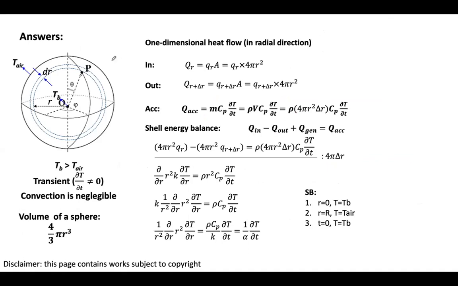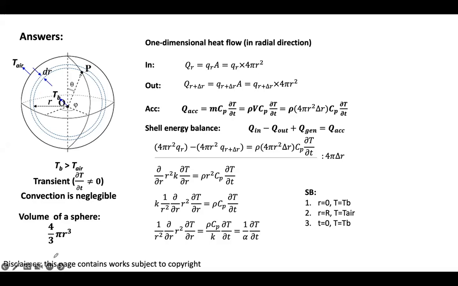So the first one, if this is the sphere, we can make a thin shell, looking like a sphere, like the skin of the ball, with thickness dr. And then again, we can write the Q in over here, which is Q_r. The Q here is the capital one, which is the heat flux multiplied with the area.